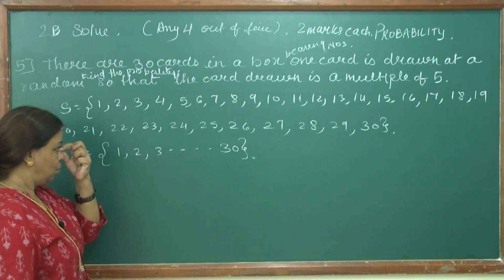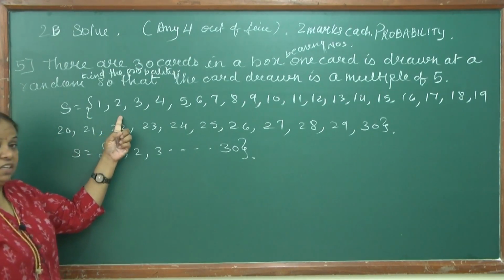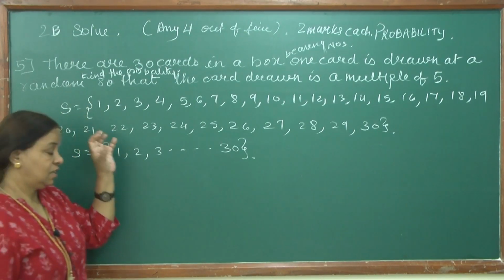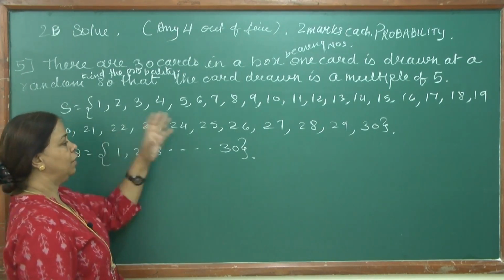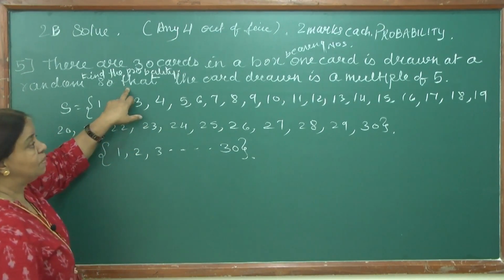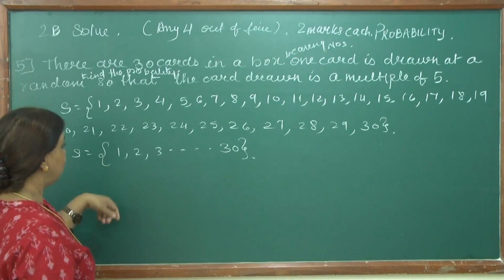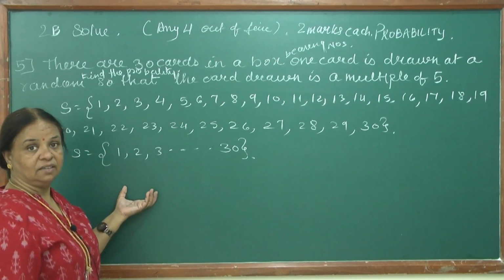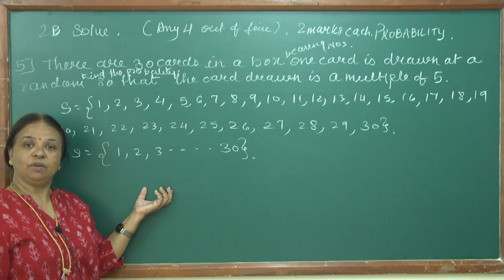We know the sample space of the cards which are there in the box is 1 to 30, and we have to find the probability that the event is a multiple of 5.